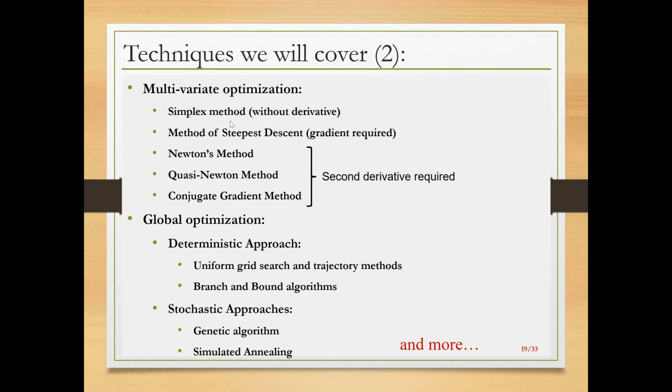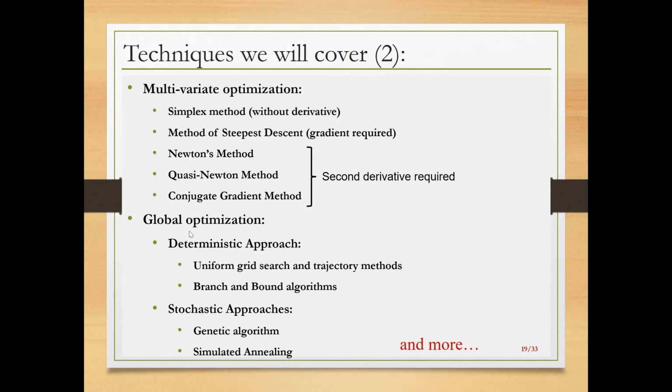As our friend asked, why do we need to understand the standard form? This is where we will see it, in the simplex method, where we do not need to find the derivative, it's just a tabular method. But if you need a method which uses a gradient, we have the steepest descent method, and we also have methods which use the second derivatives of the objective function. Those are these three methods as seen over here.